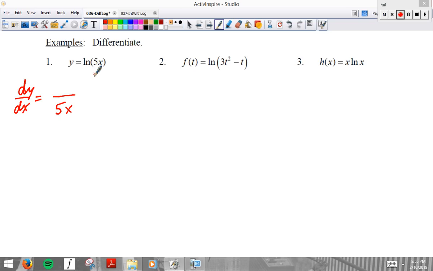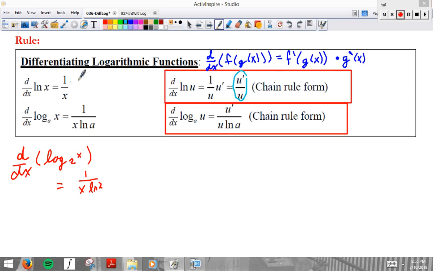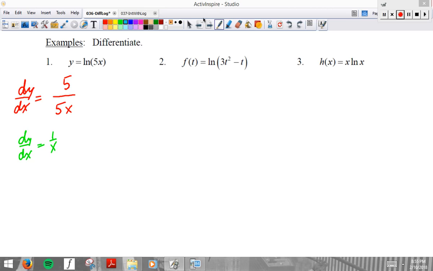And then what's the derivative of 5x? It's just 5. Done. If you simplified that, you would get something interesting. You would just get 1 over x. So if anyone did all these right, you should think about why. I'll return to this at the end of the slide. Why are these the same? Why is this guy the same as the derivative of just natural log x?